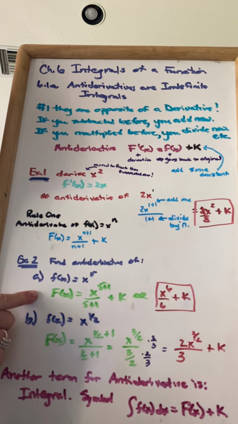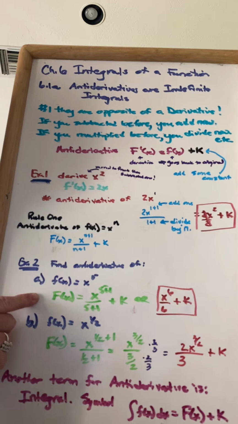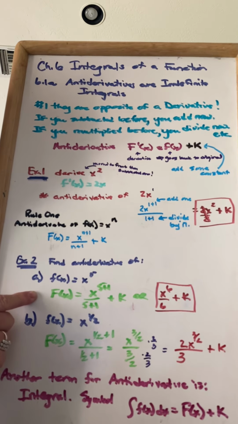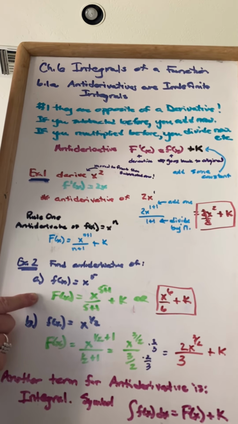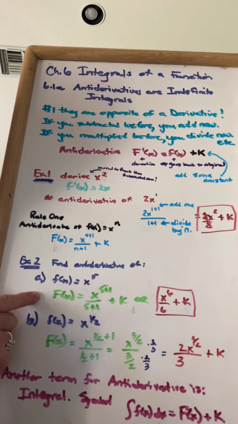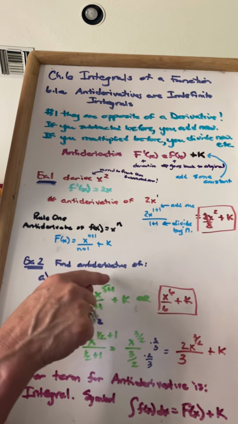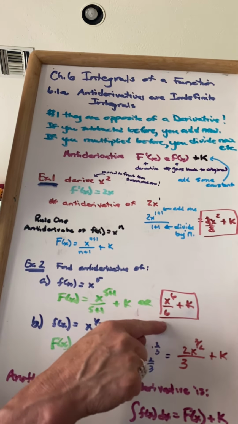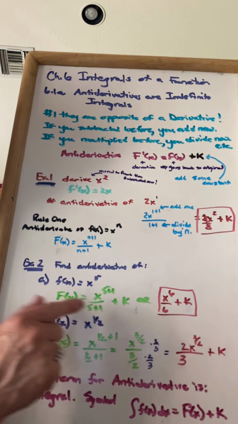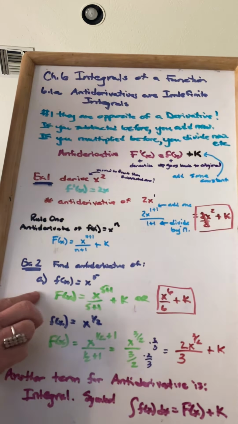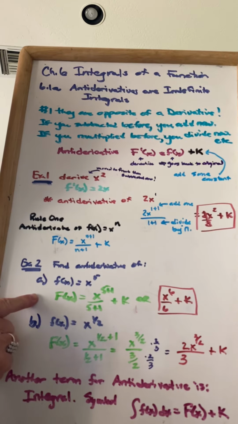Now, a couple of you are going to get this rule really fast, and you do not have to write every step. If you knew to add 1 and put it over it, you could go straight to x to the 6th over 6 plus k. The rest of you, especially when it's fractions like the next one, it's going to take a little bit more time.